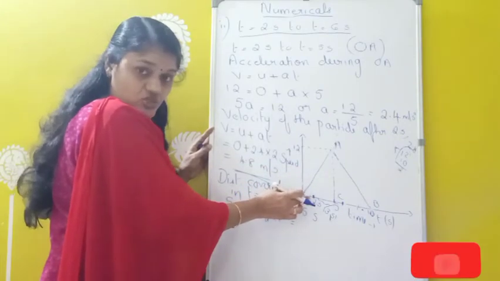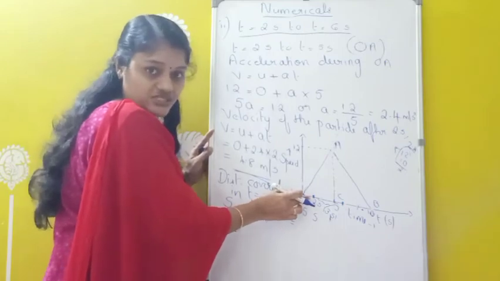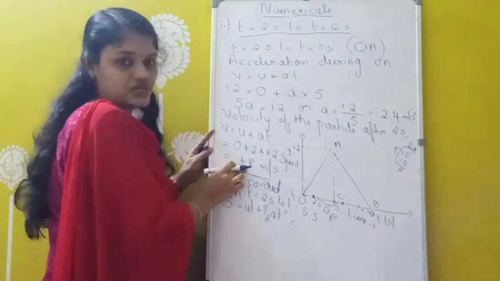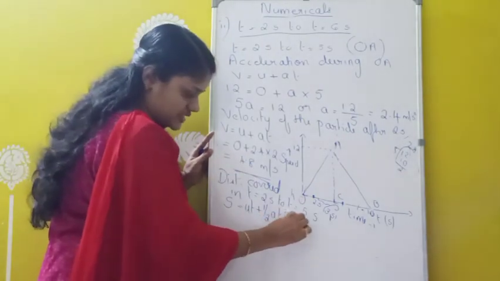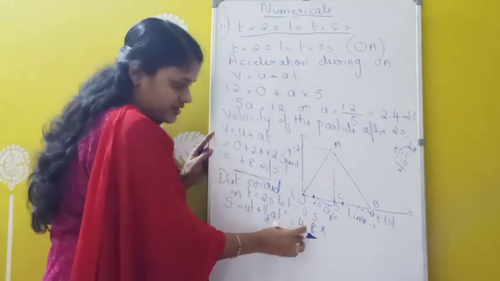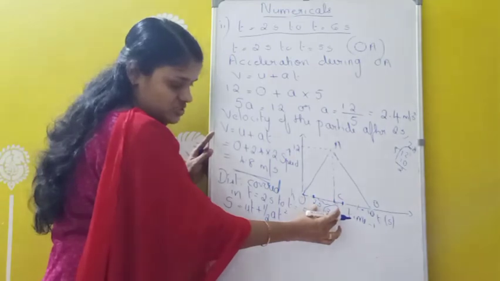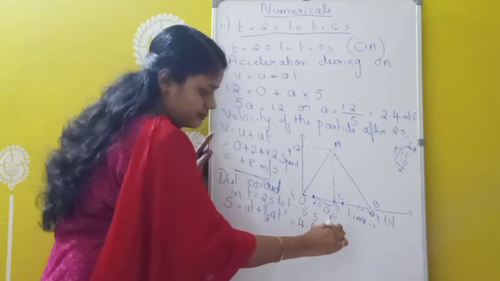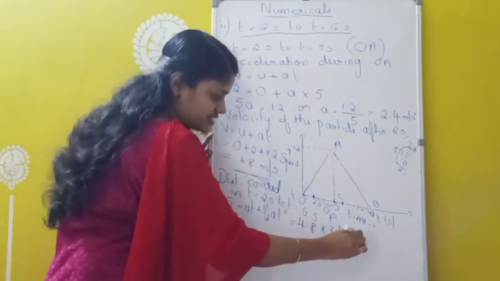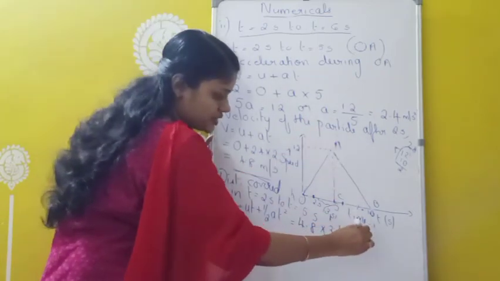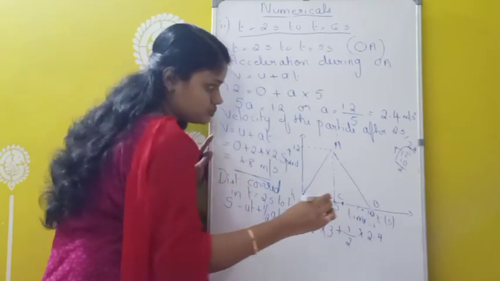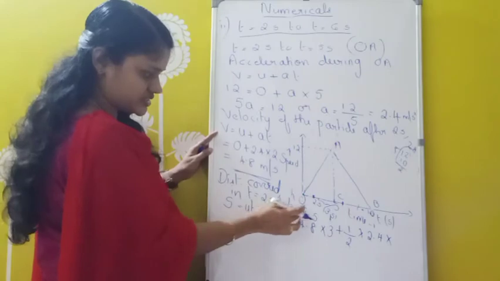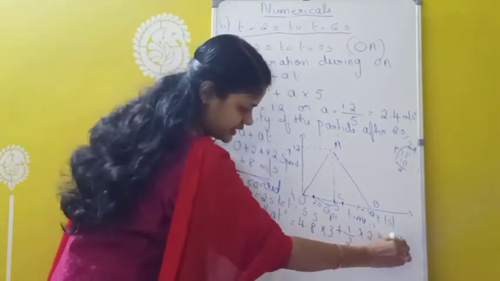But from t equals 2 seconds only we have to find the distance covered. That means at t equals 2 seconds the velocity is 4.8. So we substitute 4.8 into the time interval. From 2 seconds to 5 seconds, the time interval we take is 3, plus half into the acceleration we just found, 2.4, into t square. t is 3, so 3 square is 9.